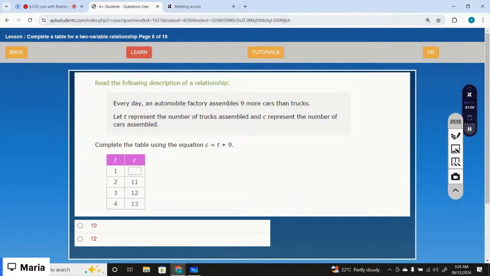Complete the table using the equation c equals t plus 9. The correct option is option number 1, that is 10.